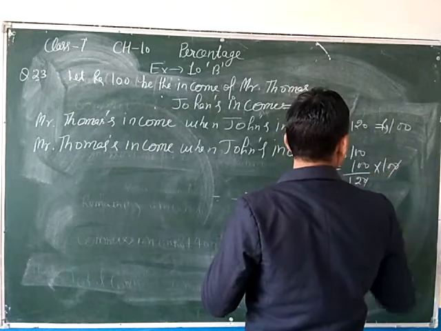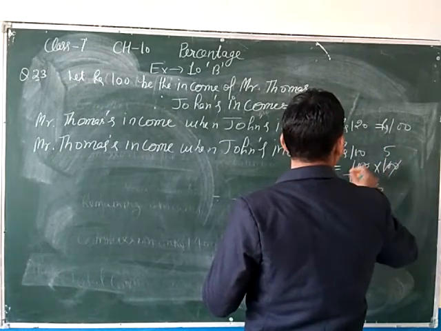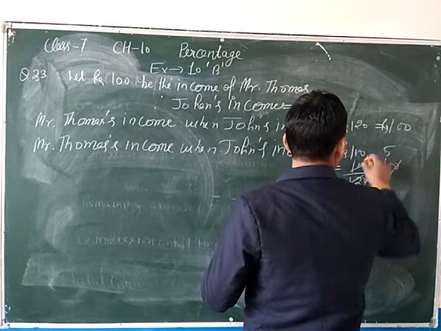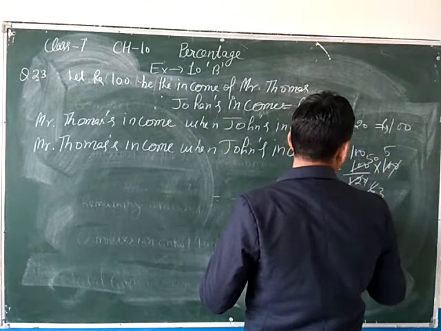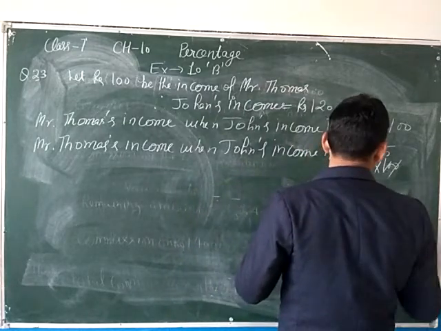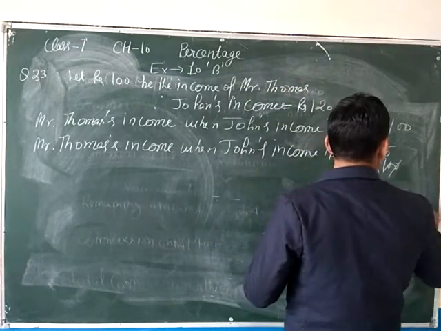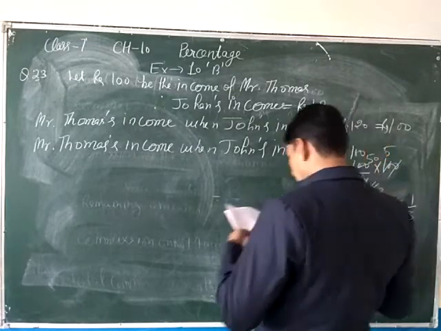So zero cancels zero beta. 6 twos are 12, 2 fives are 10, 2 threes are 6, 5 twos are 10. So 5 fives are 25, meaning 250 upon 3. Convert into mixed fraction: 3 eights are 24, 3 threes are 9, means 83 whole 1 upon 3 rupees. Clear beta?